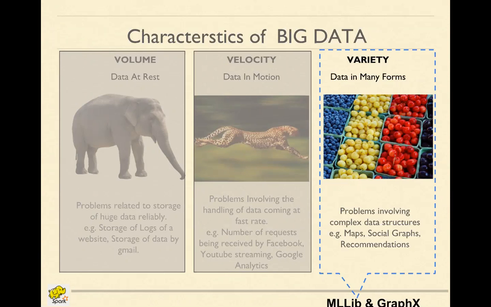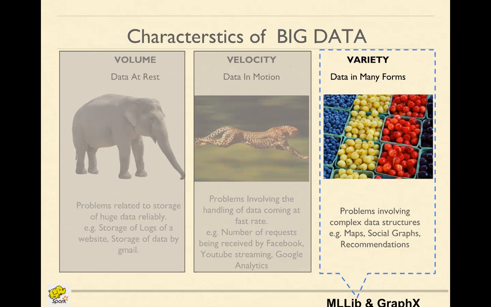Or let's say you have got a billion emails. You want to figure out whether an email is important or not. These problems involve complexities, and therefore, because of such complexity or variety of data, your problem could become a big data problem.